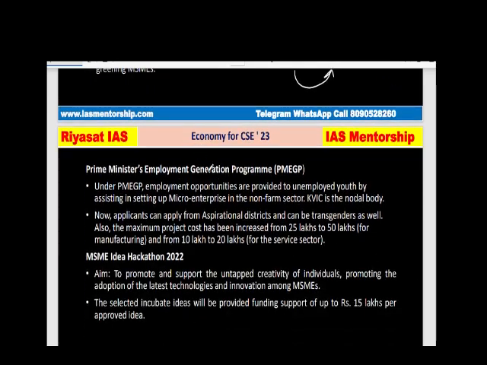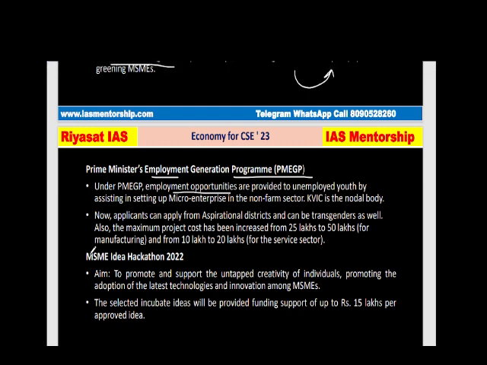Next, your Prime Minister's Employment Generation Programme. Basically, again, it is focusing on employment opportunities. Unemployed youth who are searching for jobs will be given employment opportunities. It is setting up micro enterprises in the non-farm sector, and the nodal body is KVIC.